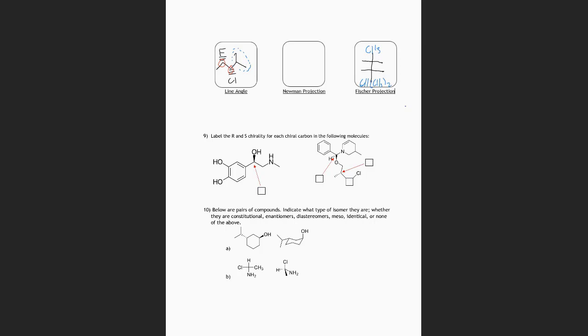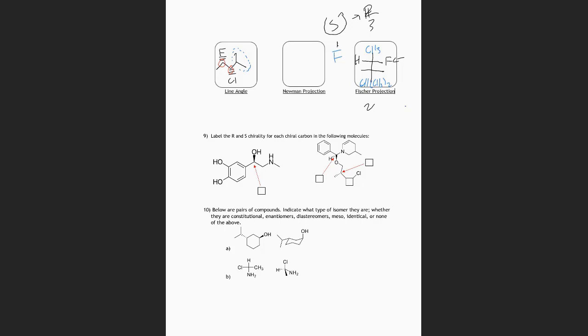So now we need to figure out whether fluorine is going to be on the left or right side. Let's pretend I put it on the left. If I do that, then it's going to be 1, 2, 3. So that's going to be S, but because the hydrogen is right there, it's going to be turned into R. So I want the fluorine right here and the hydrogen here.